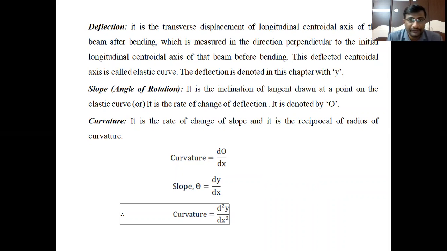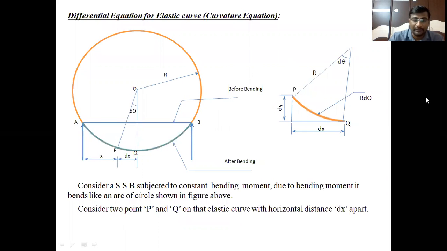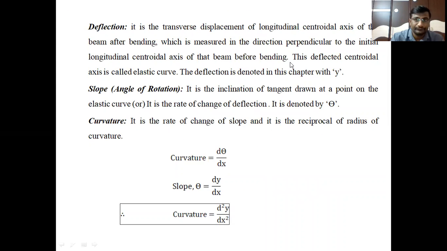So this deflected centroidal axis is called an elastic curve. The deflection is denoted in this chapter with small y. Small y is the deflection.